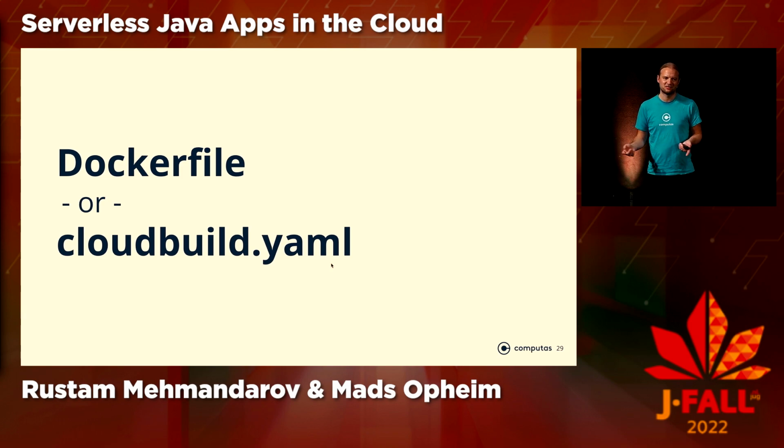And for many cases, that's perfectly fine. If you can go with a Dockerfile without having to do some more specific configuration, do that, because that's less complexity. But if you have to do something specific, like, for instance, run your builds with more memory if you are doing native, typically, Google Cloud lets you use a cloudbuild.yaml file, which is pretty similar to a GitHub Actions YAML file or a Jenkinsfile. All these are pretty much the same, right?